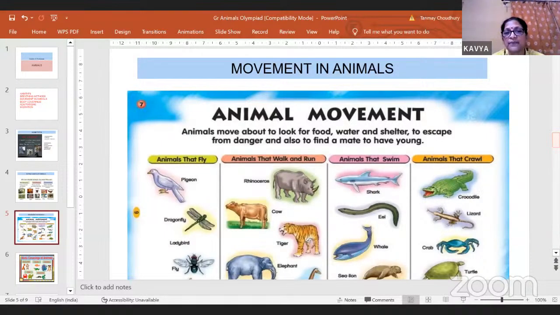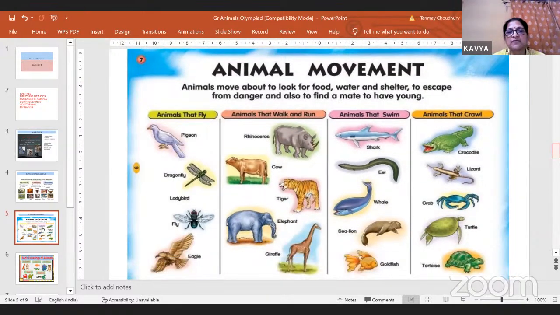They crawl. So there are animals that run, for example, the cheetah, the leopard, it runs the fastest. The animals that fly, for example, the birds, the bees, the dragonflies, the wasps, they all fly. So these are the types of movements seen in animals. Animals can fly, walk, run, swim, and crawl.